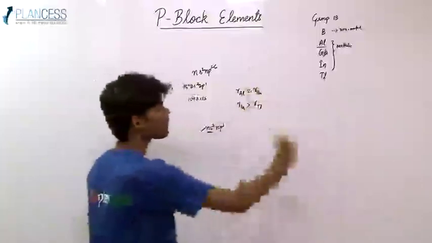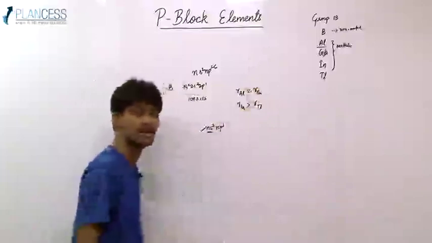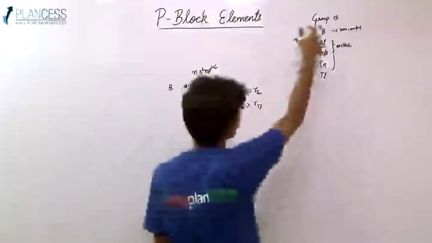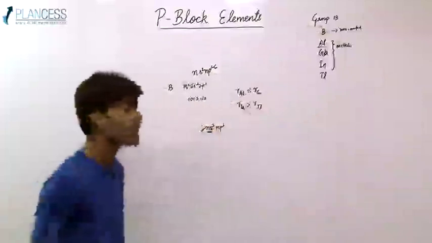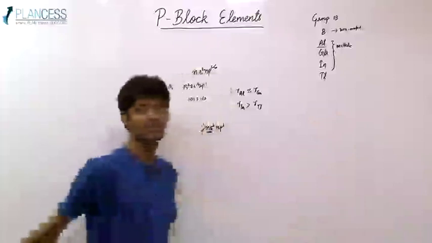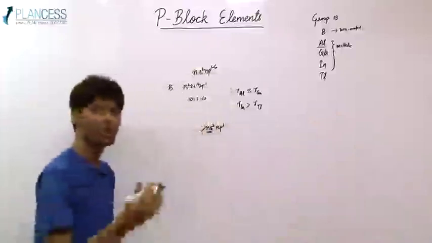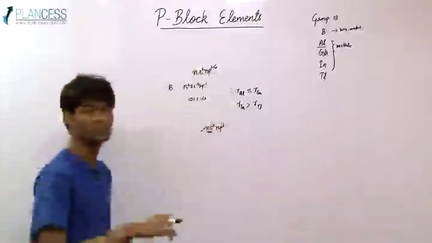So as we go down the group, the stability of the +1 oxidation state increases and the stability of the +3 oxidation state decreases. Boron, aluminium and gallium are mostly found in the +3 oxidation state. However, indium and thallium are more stable in the +1 oxidation state because of the poor shielding effect of f and d electrons, and because of that the effective nuclear charge on s electrons increases.